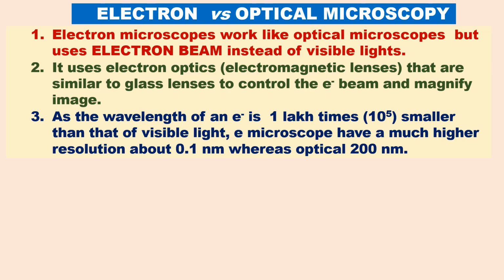Electron microscopes are very similar to optical microscopes, but they use an electron beam instead of visible light. In optical microscopy, we use visible light, whereas in electron microscopy, we use an electron beam.